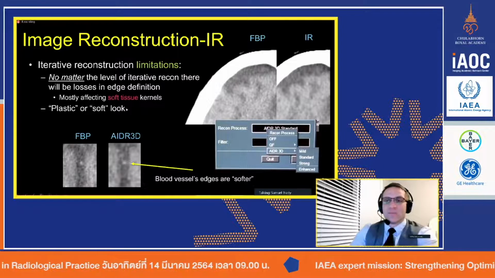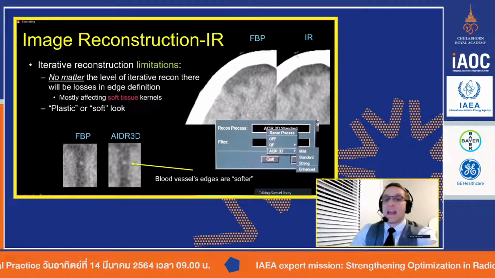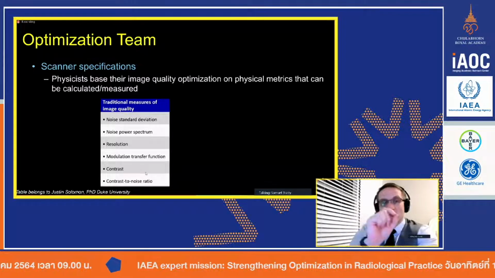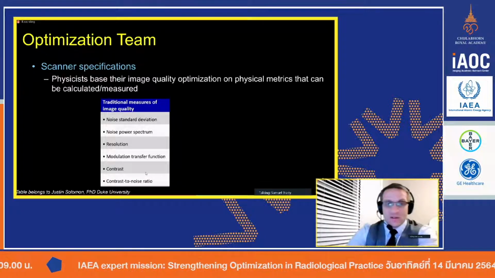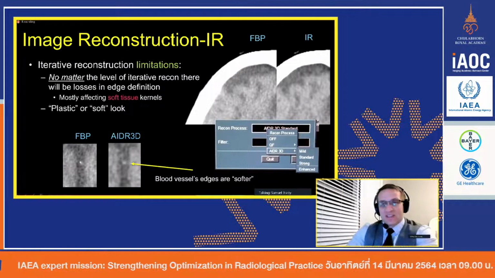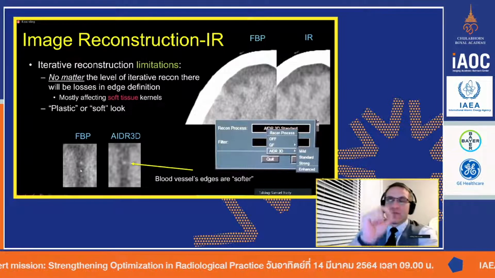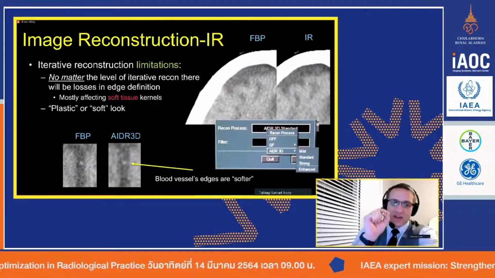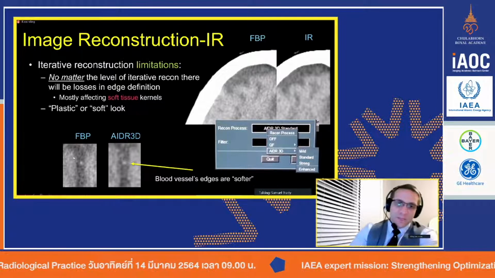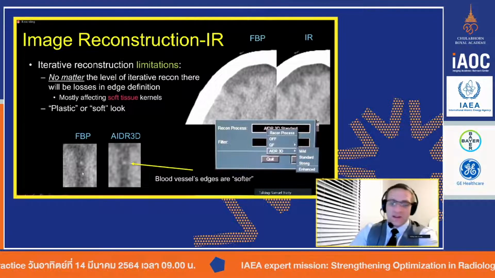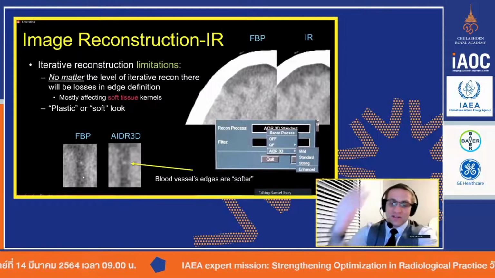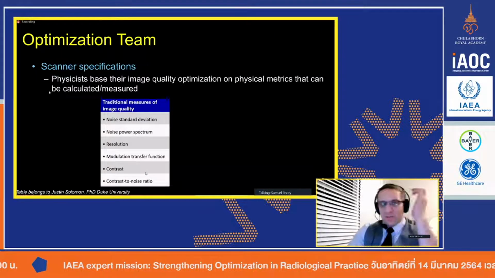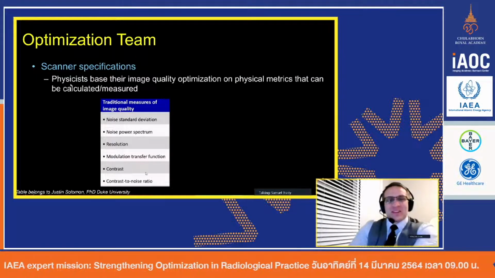As much as we've been for the last decade using iterative reconstruction and now moving towards deep learning, the reason most people still stay with filter back projection is because of this. It is the reconstruction algorithm that provides the strongest edge preservation. The problem is it's also the noisiest one. And so that's why our head doses tend to be a little bit higher than our body doses. That, and we have a big thick skull. It's hard to penetrate that.